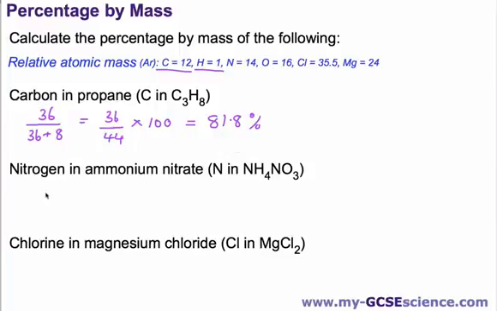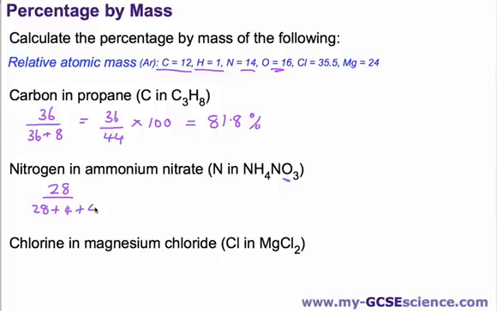Okay, so for nitrogen, here we go. Just quickly go through this one for you as well. A little trick here. There's no number next to the nitrogen, but do look carefully. There are 2 nitrogens there, and the relative atomic mass of nitrogen is 14. So we'll have 2 of those. That will be 28 over 28 plus 4 plus there's 3 oxygens. So oxygen has a relative atomic mass of 16.